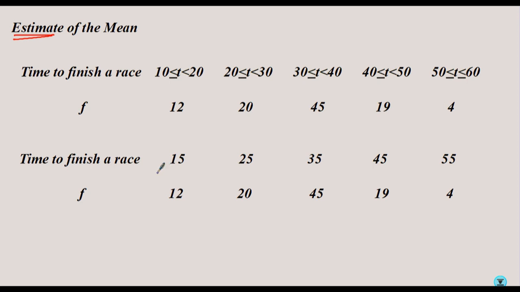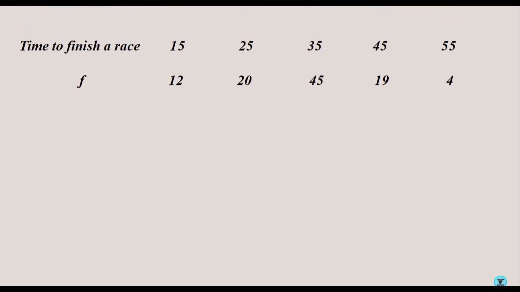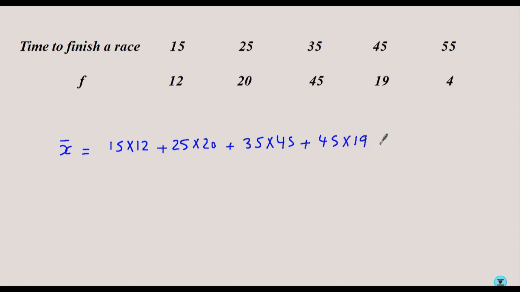And in this case, we calculate the mean in exactly the same way as we calculated the mean for a frequency table, namely by saying that x bar, which is the mean time, or t bar, whatever you want, is equal to 15 times 12 plus 25 times 20 plus 35 times 45, and so on. And finally, this is all divided by the sum of the frequencies, which we calculated earlier as 100.